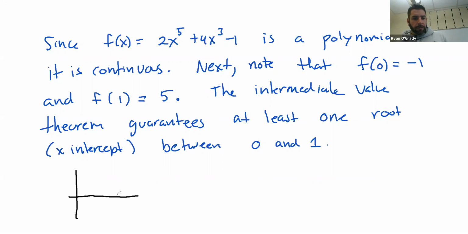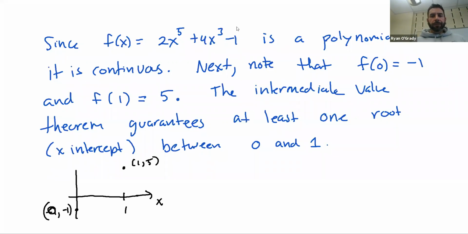So if we drew a picture of this, which is sometimes nice to do, if this is just my x-axis, I know when I plug in 1, this thing spits out 5. So this is the point (1, 5). And when I plug in 0, it spits out -1. So without anything else, I do know that it has to cross somewhere in here. Or maybe it doesn't look like that.